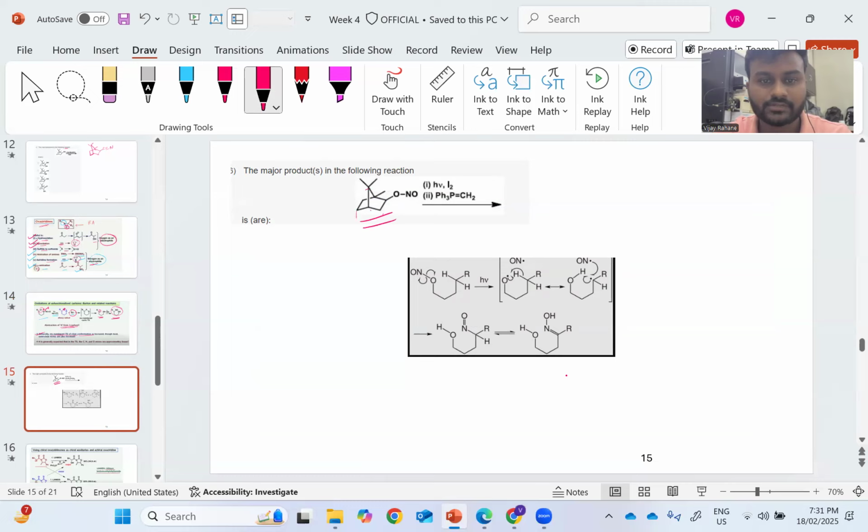If you move to this one, here there is one hydrogen. Then beta, alpha, beta, gamma, there is hydrogen. Here there are three hydrogens present. Although it looks symmetric, no, this is not symmetric, because this CH3 and the CH3 written in blue are not symmetric in this case, right?